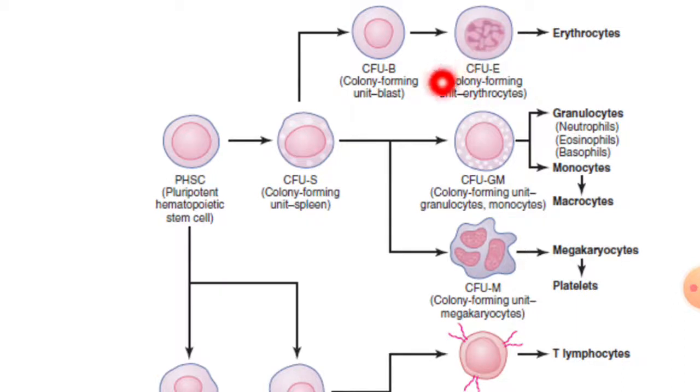As we see here, we have the colony forming unit erythrocyte, or the colony forming unit for granulocytes and monocytes. So these are the specific cells, each one responsible for the formation of a specific type of blood cell.